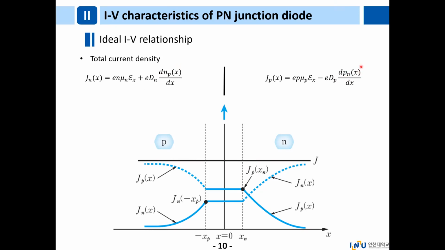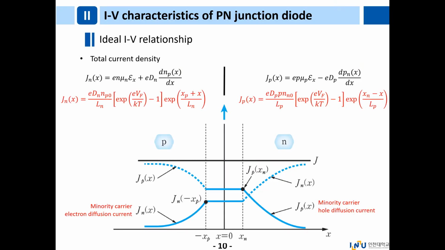That is, the current density of minority carrier in each region is equal to electron diffusion current density JNX for p-type and JPX for n-type.